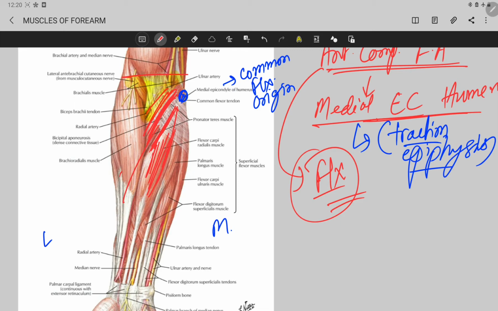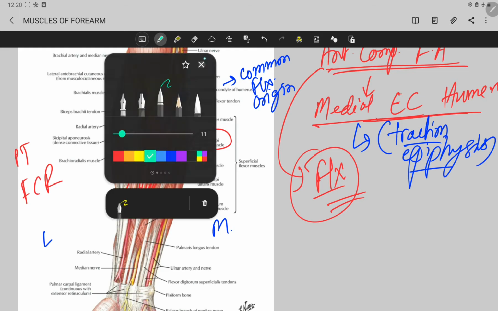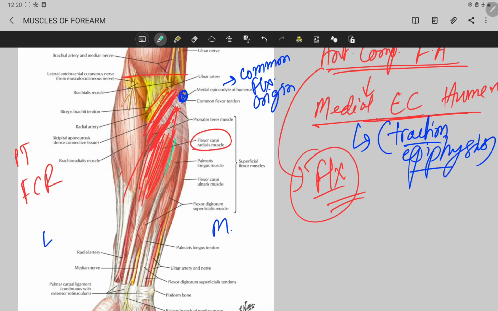And medial to this flexor carpi radialis muscle you can see a short belly muscle.